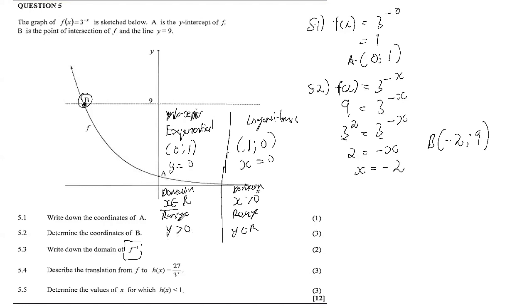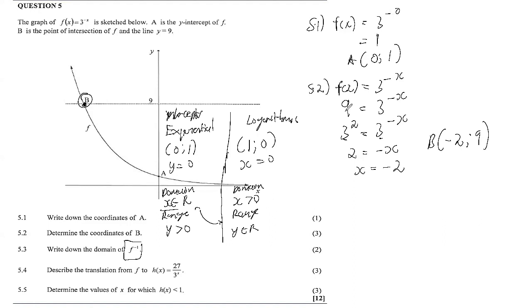Here the range is y greater than 0, but the range for the logarithmic one is y an element of real numbers. So you can see an inverse in this. Here there's element of real numbers for the domain, and here element of real numbers for the range. Here there's y greater than 0 for the range, but here x greater than 0 for the domain.